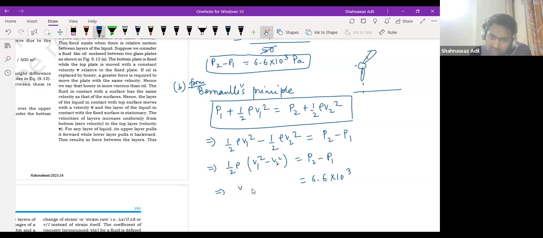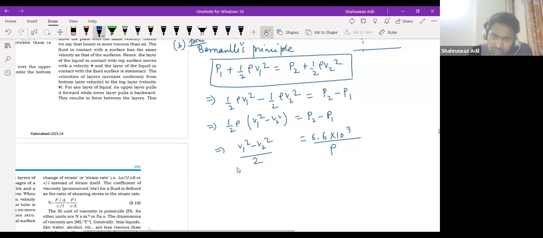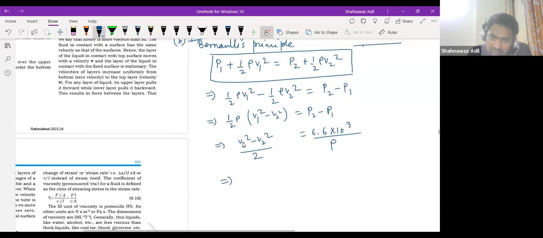And how much would be this v1 square minus v2 square? So this would be divided by rho. So this thing v1 square minus v2 square, that is a square minus b square. So I can write this as v1 plus v2 and v1 minus v2, right?